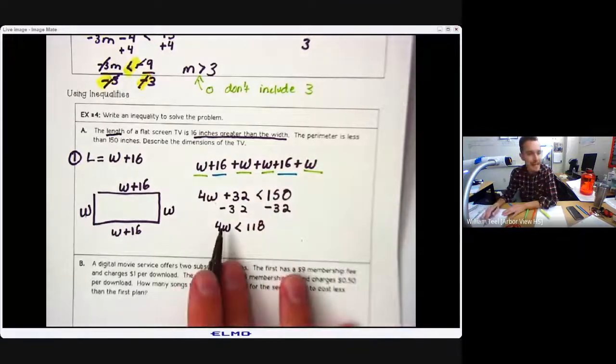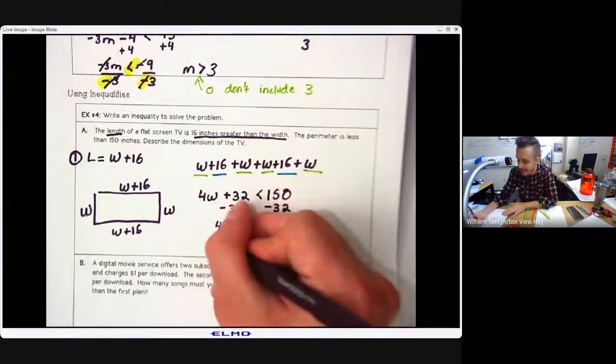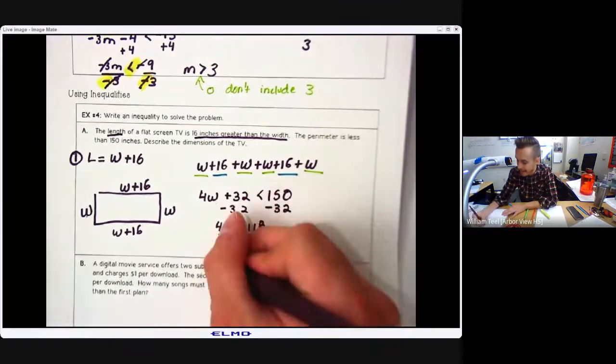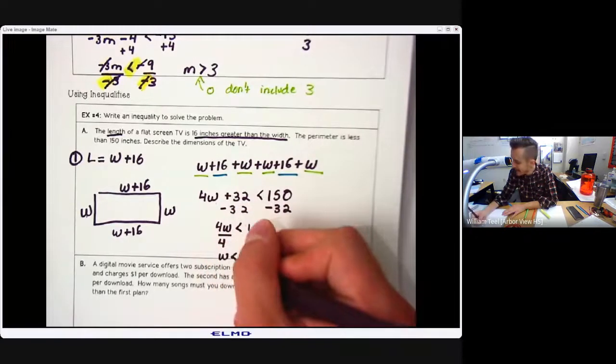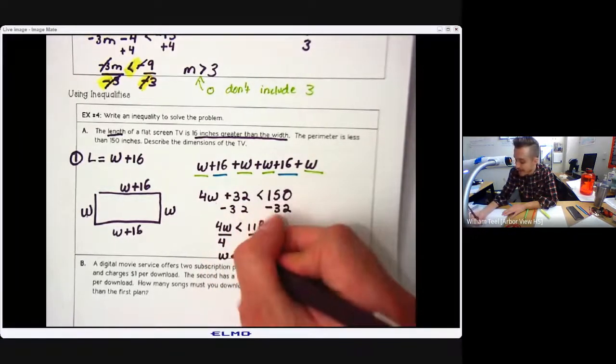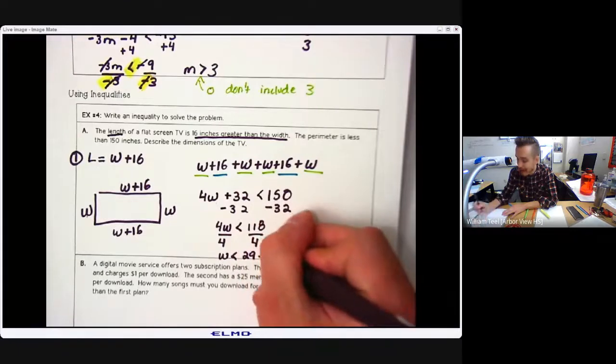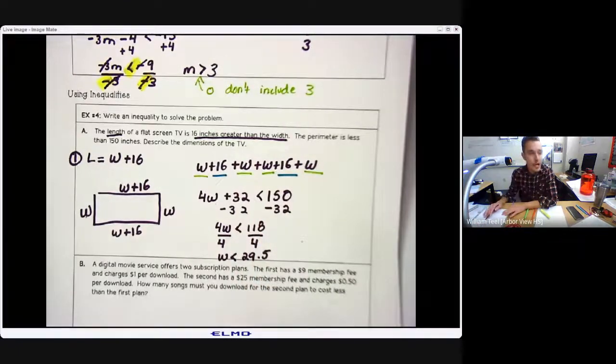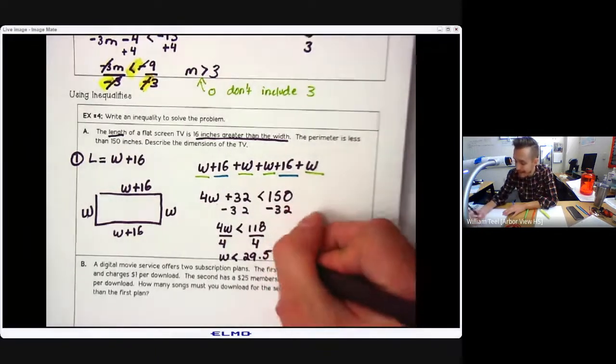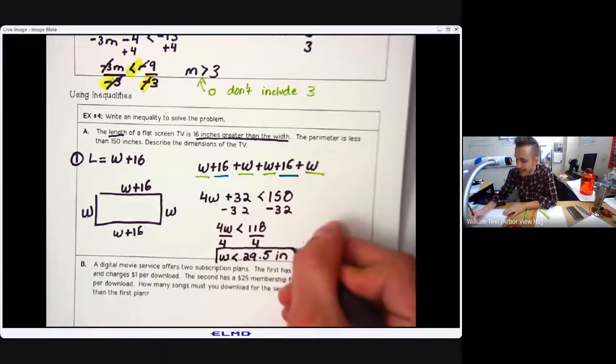Then to get W by itself, I divide both sides by 4. W is less than 118 divided by 4, which is 29.5. So I know that W, the width of the TV, has to be less than 29.5 inches.